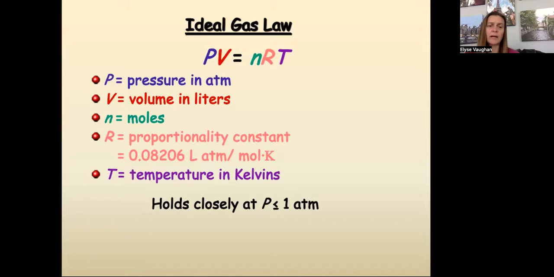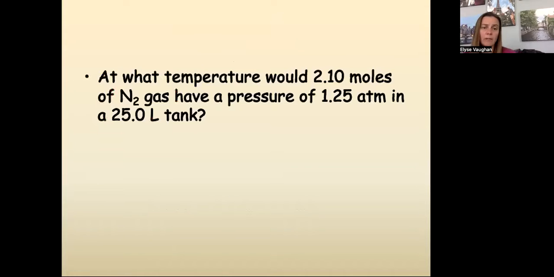So let's take a look at a couple of examples. Our first example says, at what temperature would 2.10 moles of nitrogen gas have a pressure of 1.25 atmospheres in a 25-liter tank?